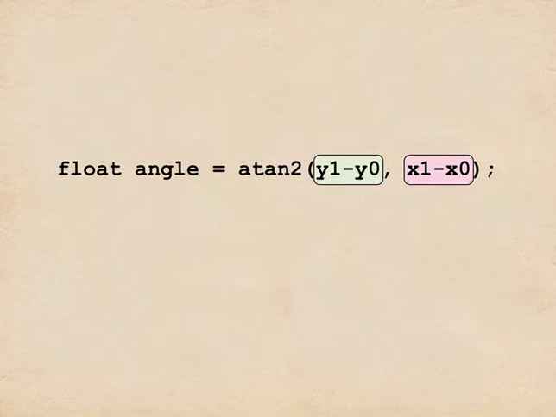And everyone messes this up from time to time because we always think of things in terms of x comma y. So if you're using atan2 and your angles are coming out all screwy, make sure that you are handing it first the differences in y's, then the differences in x's. Once you have that straightened out, you're going to find that atan2 is a wonderful routine that you're going to use all the time to draw really interesting geometry.